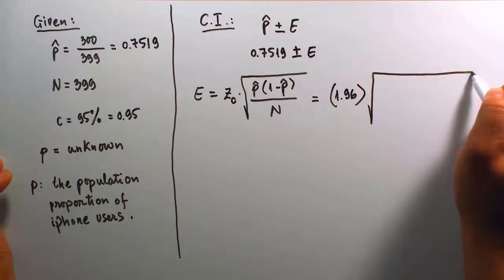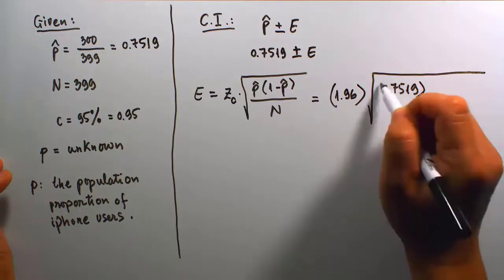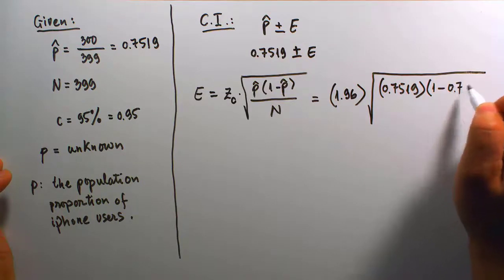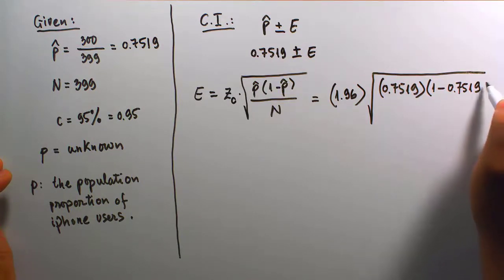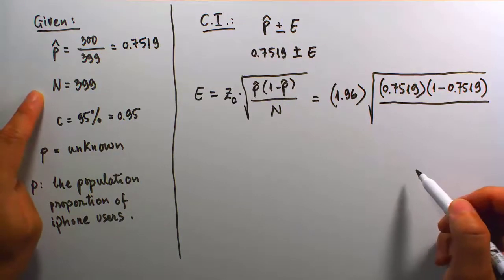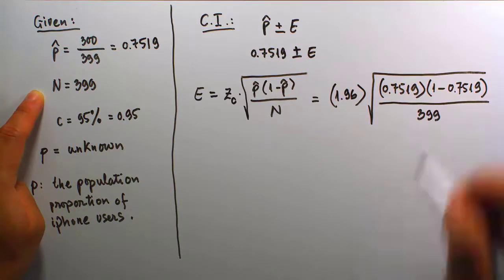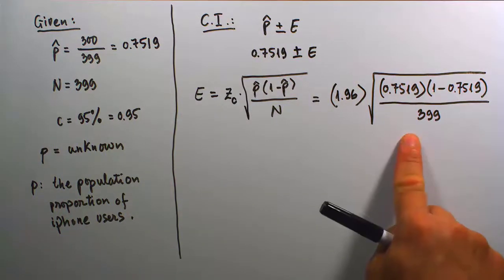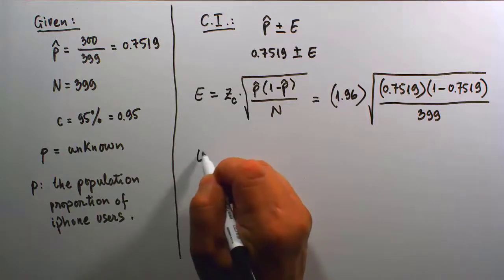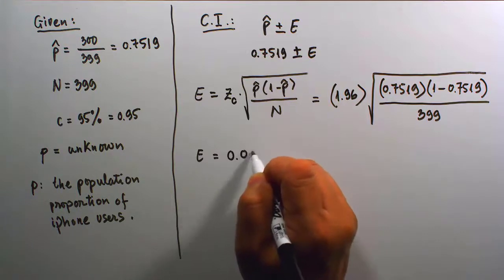And inside of the expression, we are looking at 0.7519 multiplied with 1 minus 0.7519, and divided by the sample size, which is changed to something bigger than the previous questions. So 399 stays here. But now we are ready for the final calculation. The final calculation comes out to be, in 4 decimals, 0.0424.